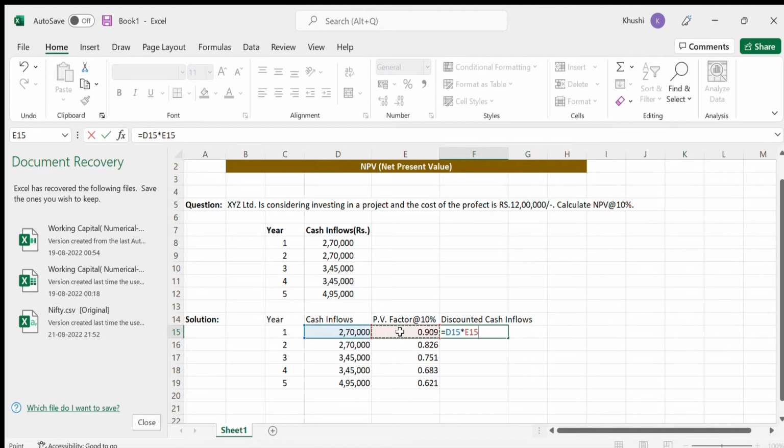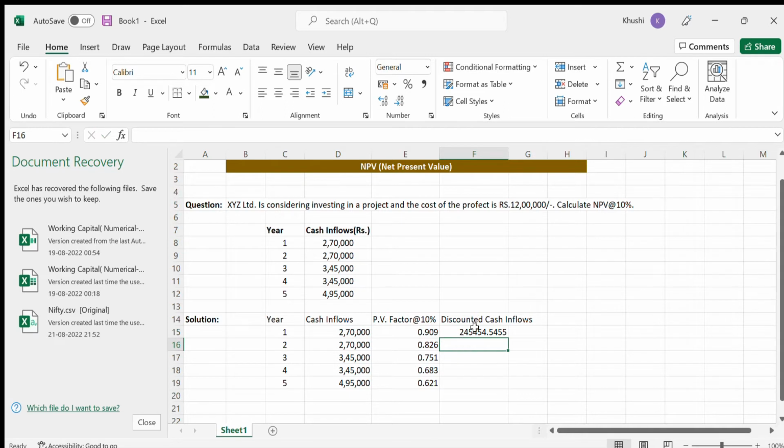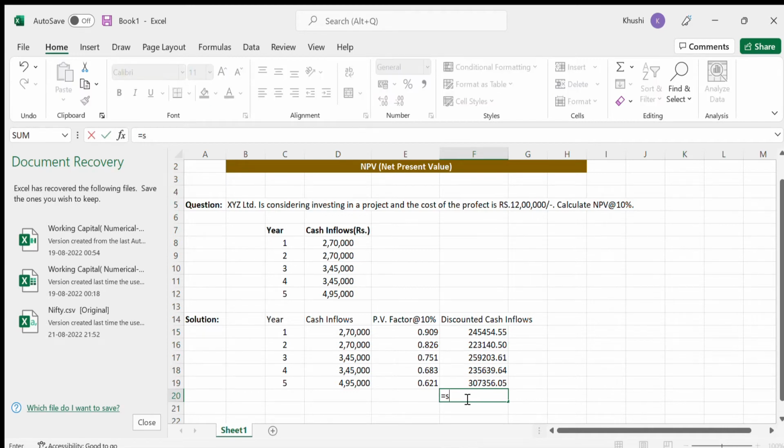We'll just multiply both the columns. And now just do the total of it. Sum of all the discounted cash inflows, total cash inflows.